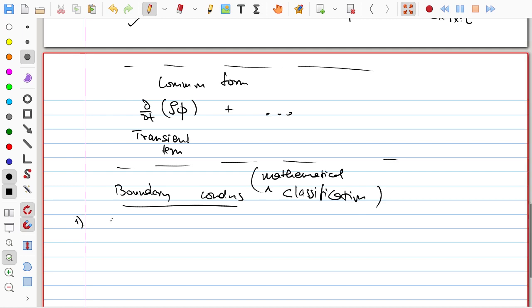So the first type is called the Dirichlet boundary condition. That is when you specify the value of theta or the unknown variable, and that is called Dirichlet. Like the temperature at the left boundary of the bar is 0 degrees because that is dipped in melting ice. So that's a Dirichlet boundary condition.